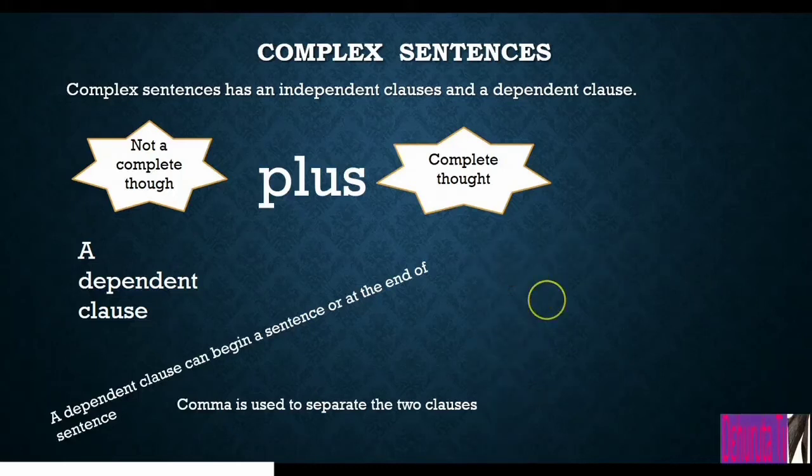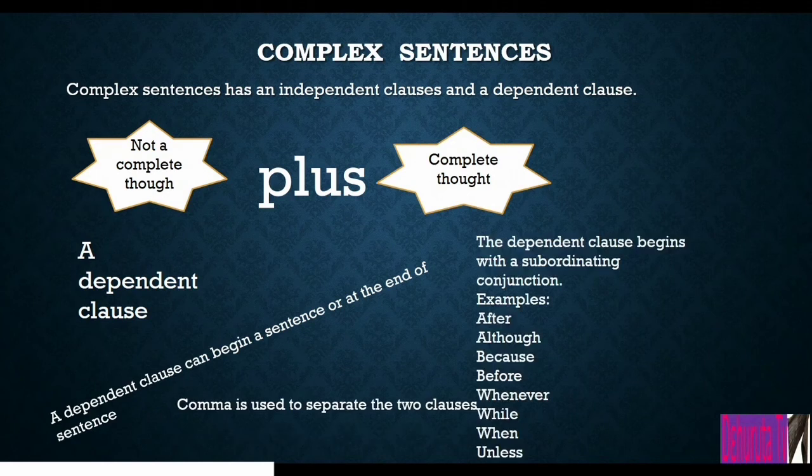We have after, although, because, before, whenever, while, when, unless, and so on. So these begin the dependent clauses, and then we have the independent clauses.